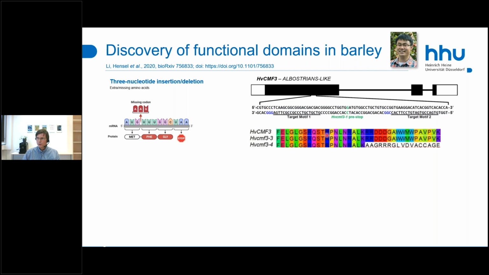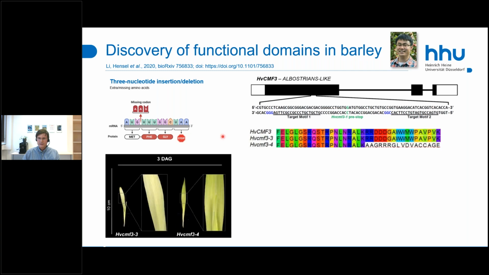So if you then look at the protein sequence of some of our mutant plants, we have some which are still wild-type-like, but we also have individuals which have an altered protein sequence. And luckily, we could see a difference in the phenotype.